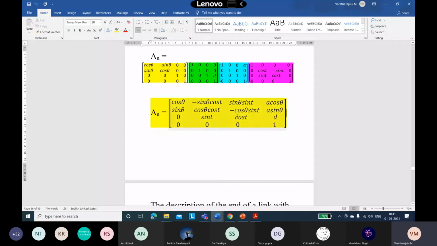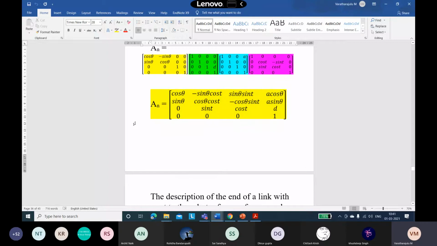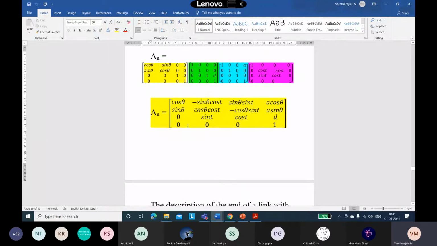This is A_m equal to, and so on. This is the 4 cross 4 matrix, in which we have unknowns: theta, alpha, and we also have a and d.